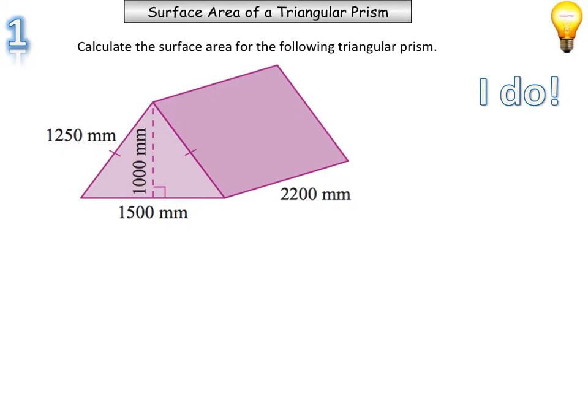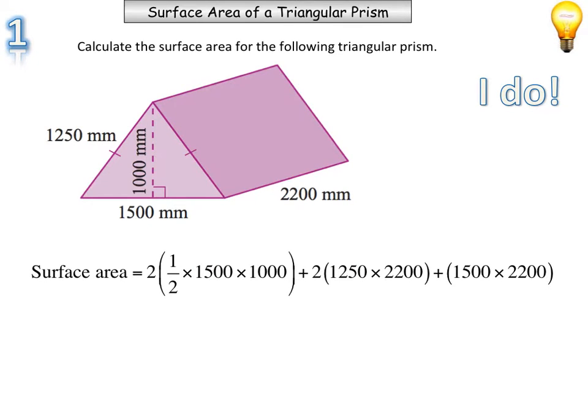Alright, calculate the surface area for the following triangular prism. Okay, so without the net, it could be a little complex, but I'll go through what the individual parts are. So the first working out is the two triangles.